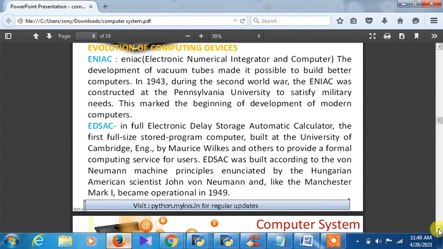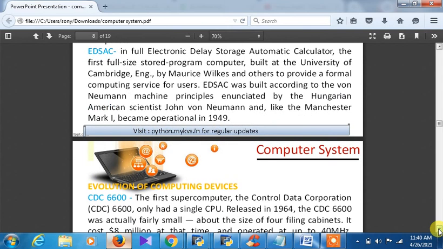Okay, the American scientist John von Neumann, like the Manchester Mark I, became operational in 1949. Hungarian-American scientist whose name is John von Neumann. And Charles Babbage invented the concept of the CPU, the central processing unit, which was known at that time as the MILL.